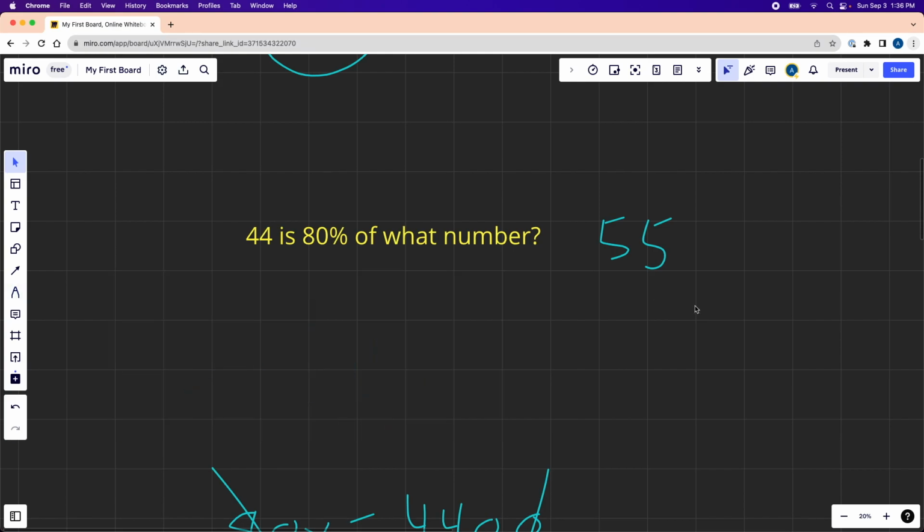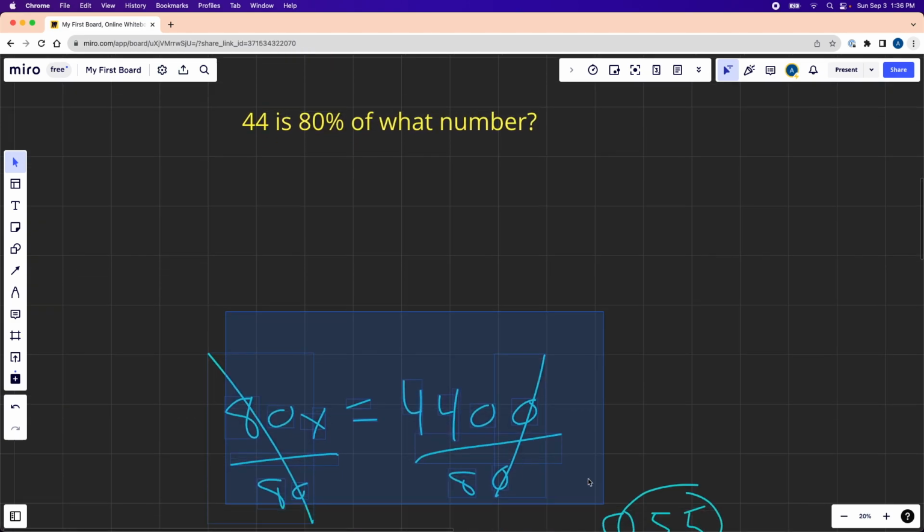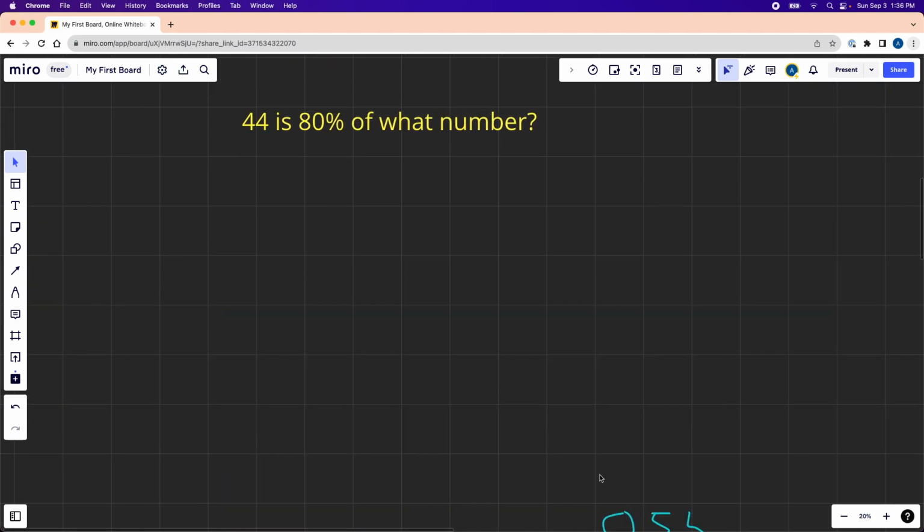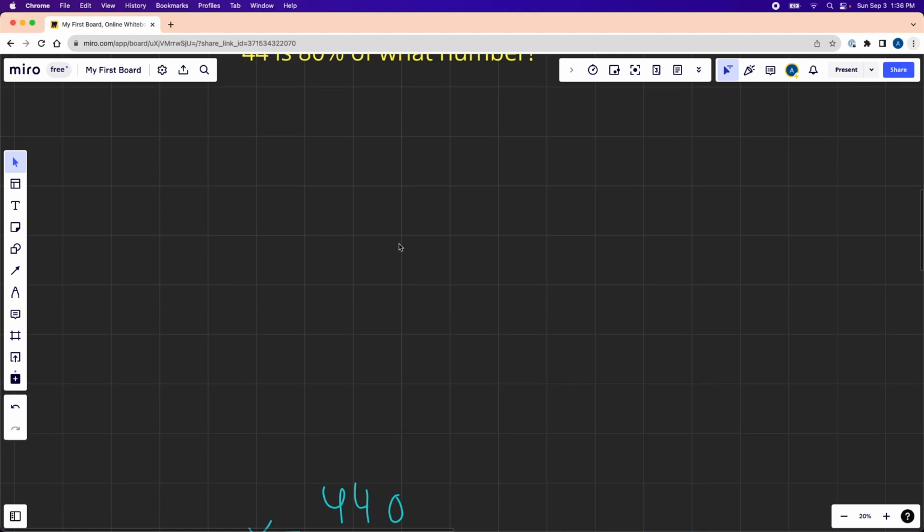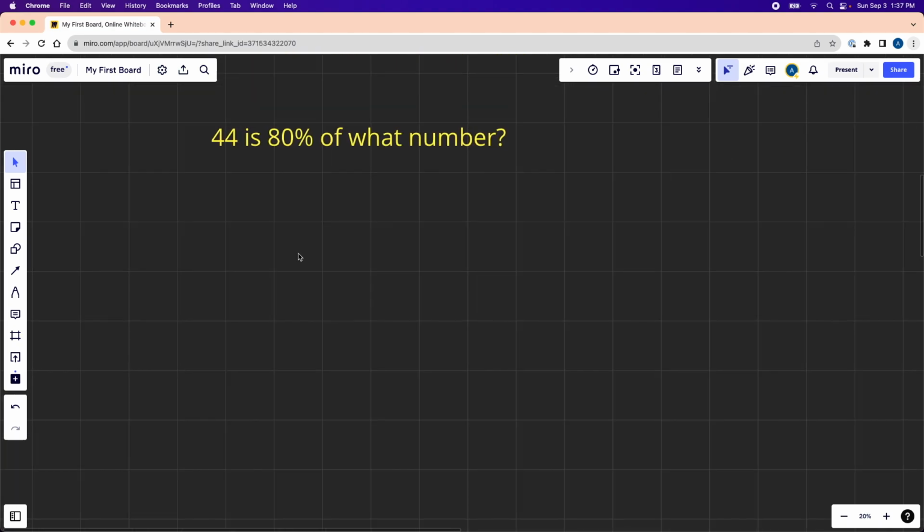So now let's try it using the other method. And again, the other method is where we divide by the fraction representation of this percentage here. So what we are going to say again is we're just going to say 44 is 80% of what number? That's the same thing as saying 44 divided by 80%.